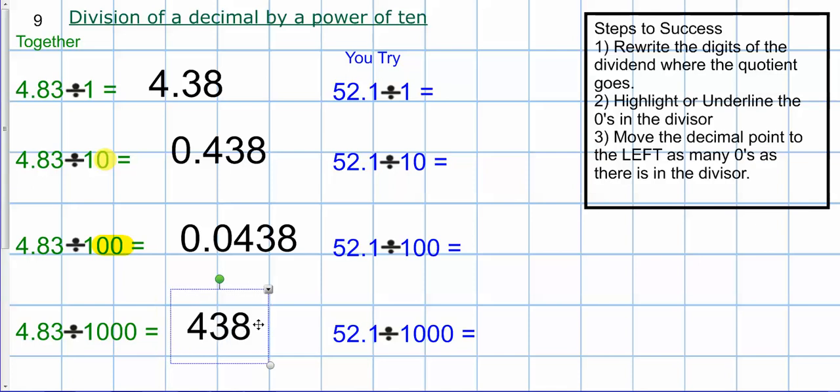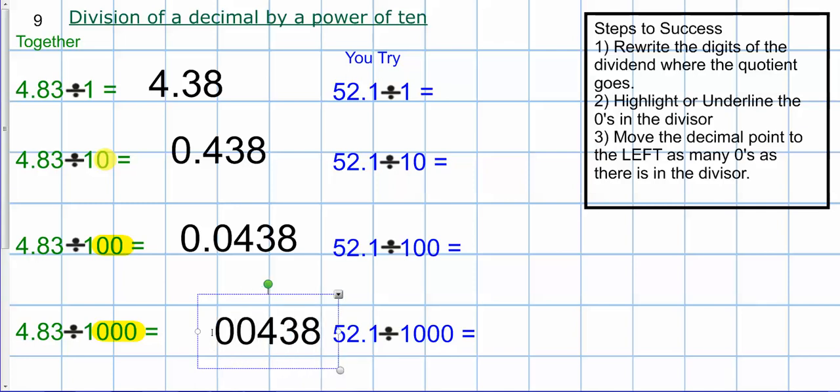I'm not a big fan of the zeros there, because it wastes time and energy that you could be spending doing other things. After so many zeros, that takes up a second or two. Again, I highlight 1, 2, 3 zeros. So I go back to where I originally was, and I move it 3 times. Once, twice, 3 times. And I put my decimal point there.